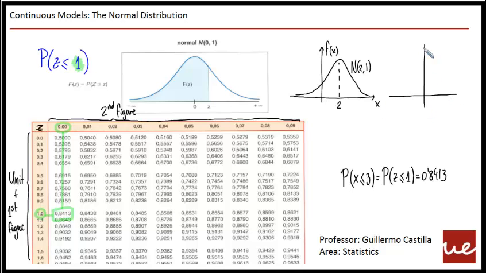So what we did is we passed from that normal 2-1 to a normal 0-1.